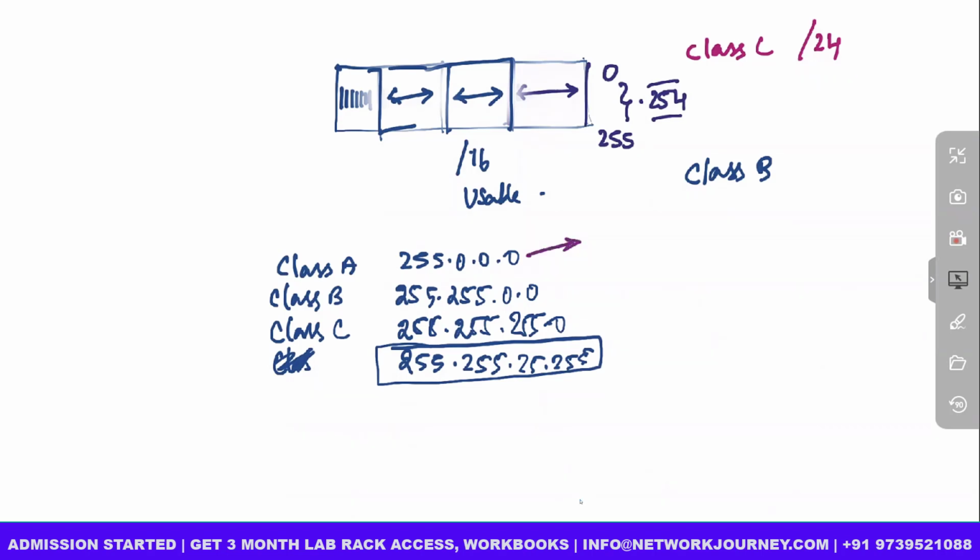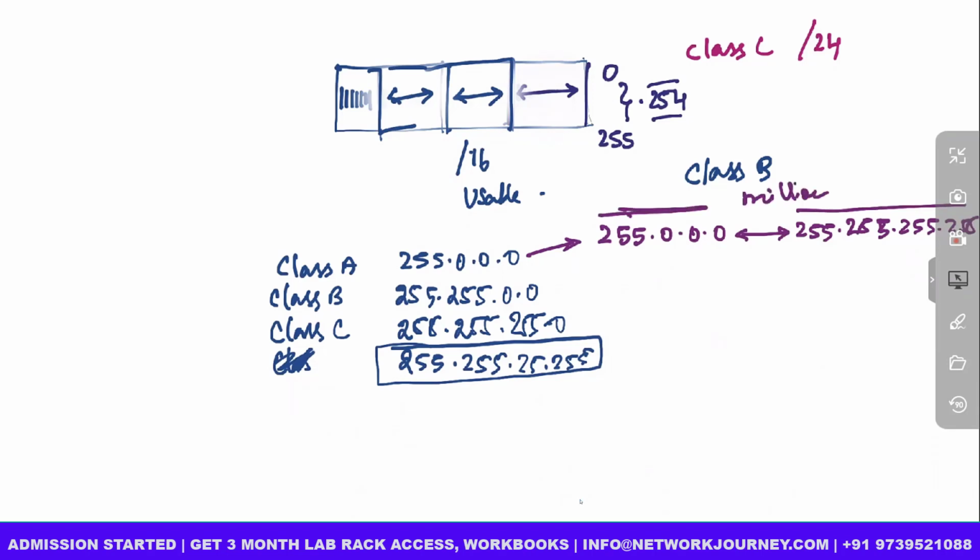So in this block, it's a very wide range. From this, you can go up to this, 255, 255, 255, 255, till the last IP, starting with this, which can be in millions. It's a very wide range.